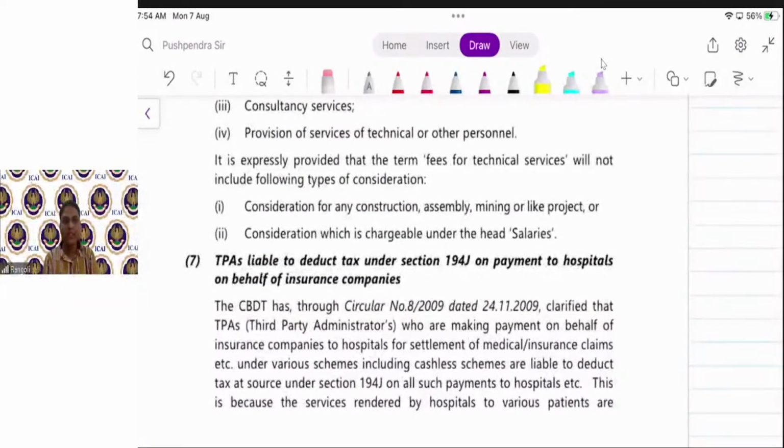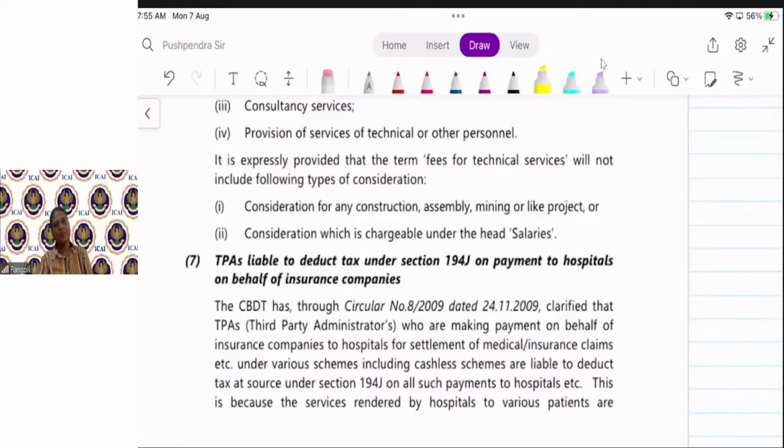TPAs, that is third party administrators. See what happens if you are taking insurance. If you are taking any medical insurance and it is cashless, then you need not pay anything to the hospital. If you are hospitalized, the insurance company will pay the same.